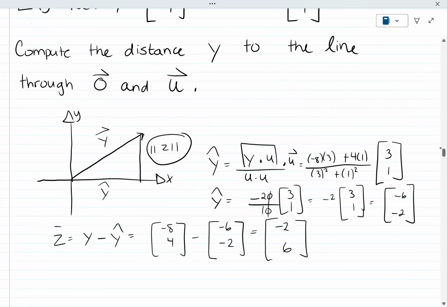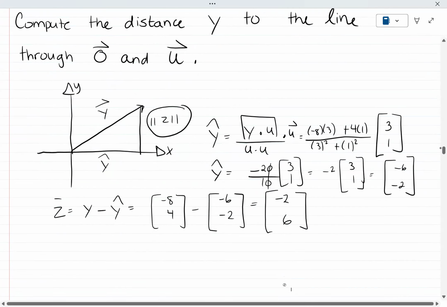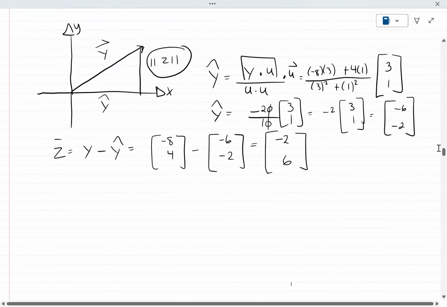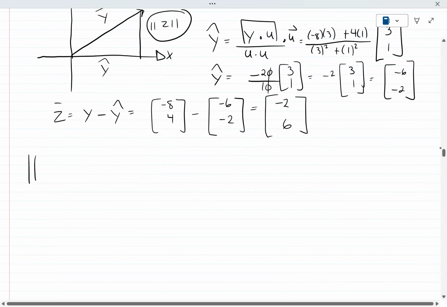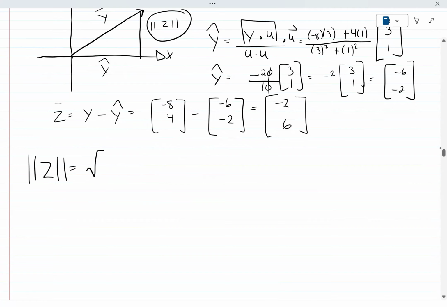Now let's find the distance, or the magnitude. How do you find the magnitude of z? Basically, it's the square root of -2 squared plus 6 squared, which is 4 plus 36, the square root of 40.